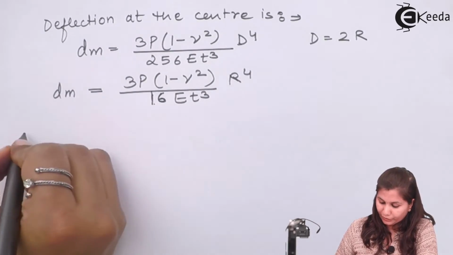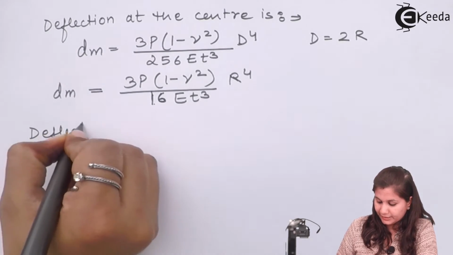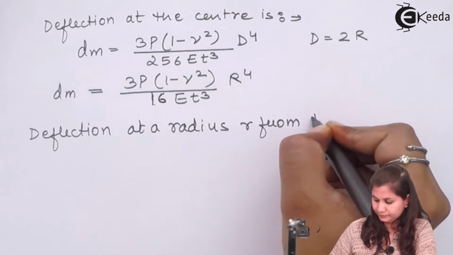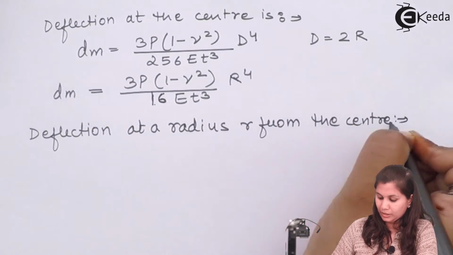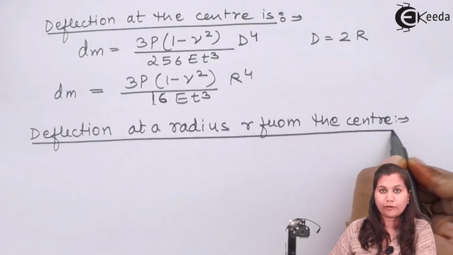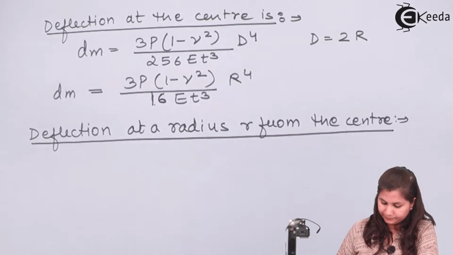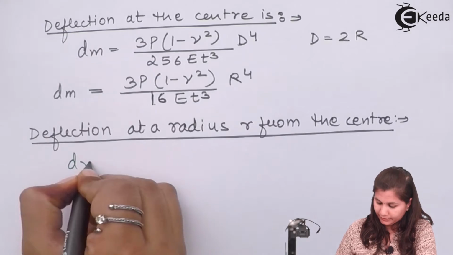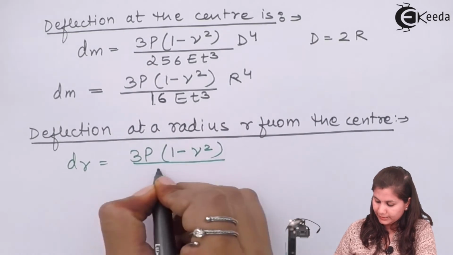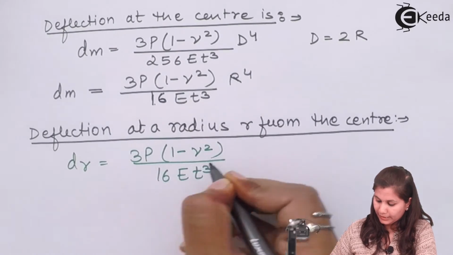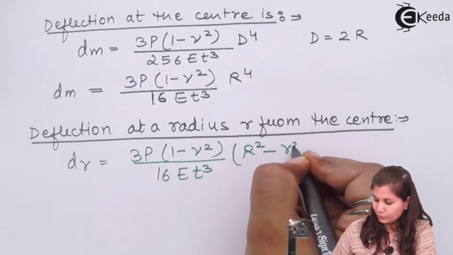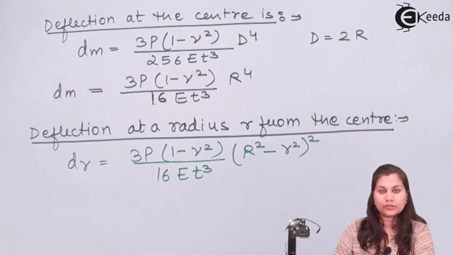Now if we want to find out the deflection at any radius r, this was the deflection at the center. Now the deflection at a radius r from the center will be dr equals 3p (1 minus v square) upon 16 E t cube, and here instead of r^4 we are going to write (R square minus r square) to the power square.